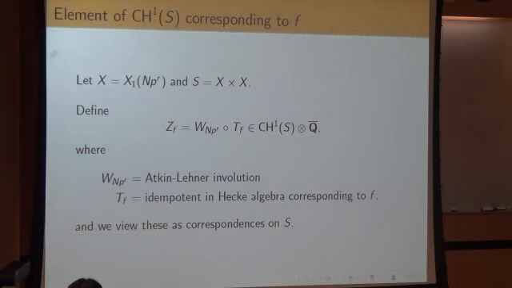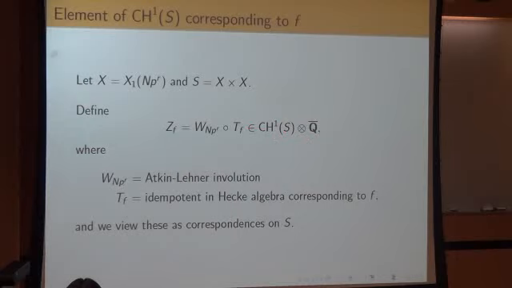Now, if you take your Hecke algebra and tensor it with Q bar, then there's projection onto the component where the Hecke algebra acts via the eigenvalues of f, and that's what I call T_f. And that element of the Hecke algebra gives me a correspondence on Chow 1 of S tensor Q, and I call that T_f.